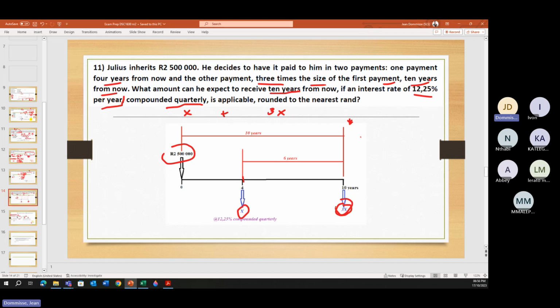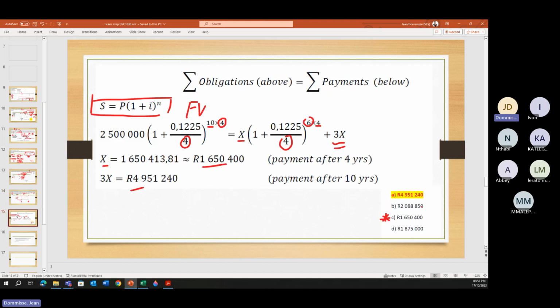Again, be careful and be very specific when you read the question. It could have been that they asked you what amount will you receive 4 years from now, and then that would have been the one 4 years from now. But they want to know what the payment is 10 years from now. So that is the 3x component that we are working with.